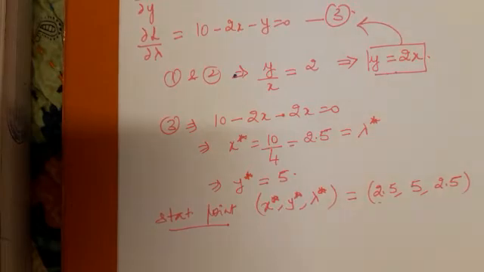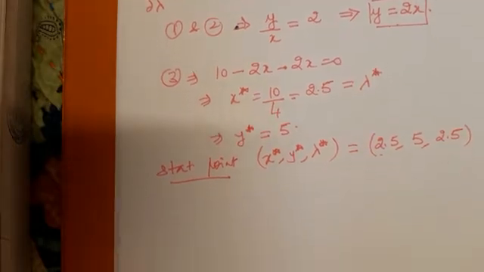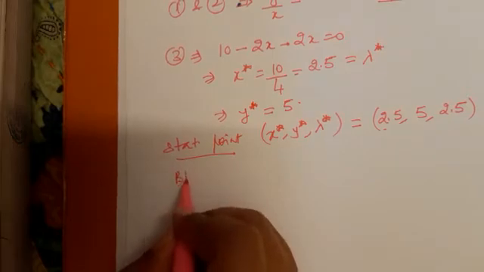But remember that the first order conditions are just giving you information about the stationary point. We still don't know if it's a max or a min, for which we have to check our bordered Hessian.